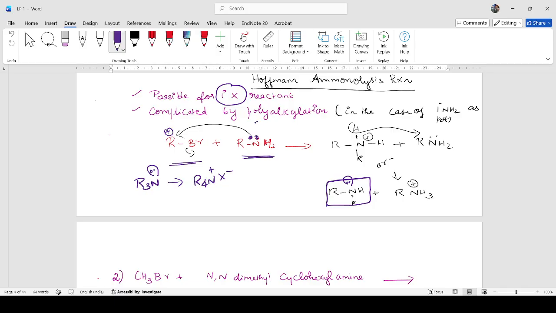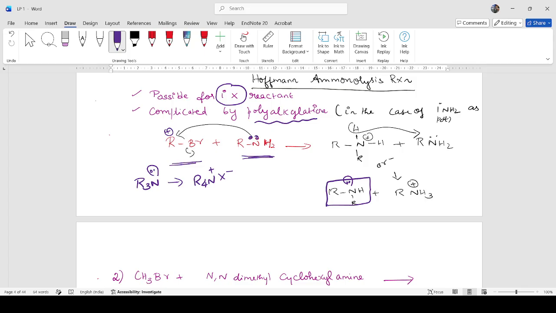So this polyalkylation is a problem for us. This method is generally not preferred for the synthesis of amines because of polyalkylation.